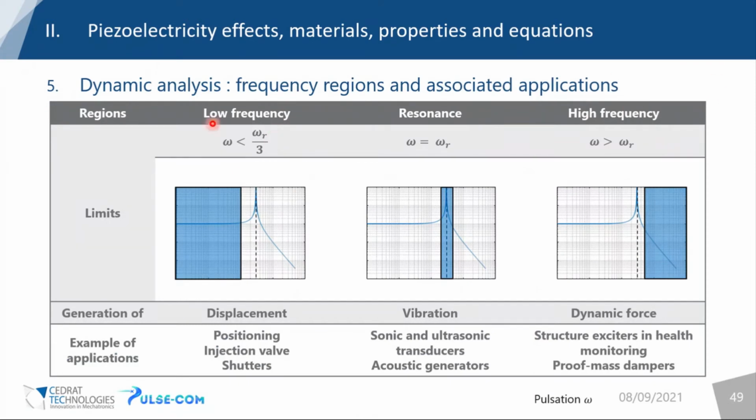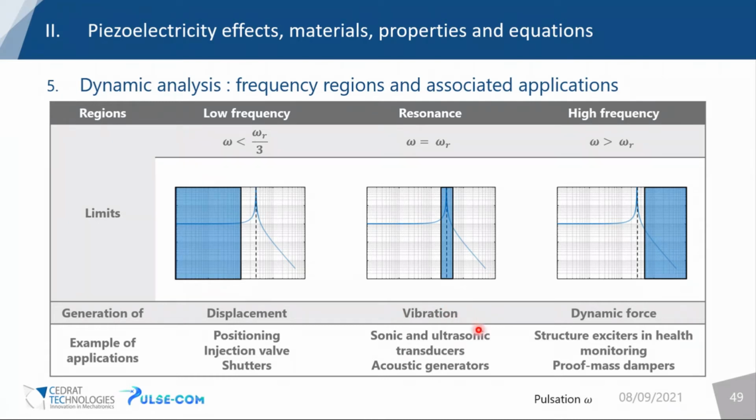So if, with your actuator, you try to work in the lowest regions of frequency, you will generate displacement. And this is very practical for positioning systems, injection wells, and also shutters for optical applications. If you try to work at the resonance of your actuator, you will generate vibrations.